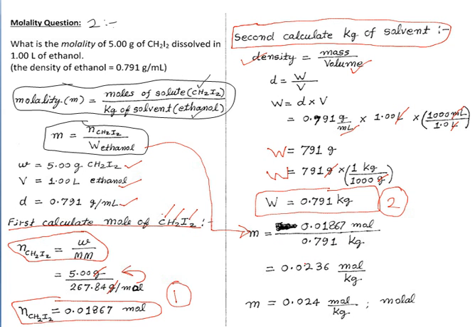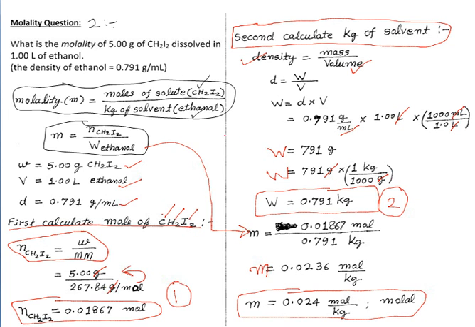divided by mass of solvent in kilogram. So when we calculate these two values, it will come that the solution molality is 0.0236 mole per kilogram, or we can write it as 0.024 mole per kilogram, or the solution molality will be 0.024 molal solution.